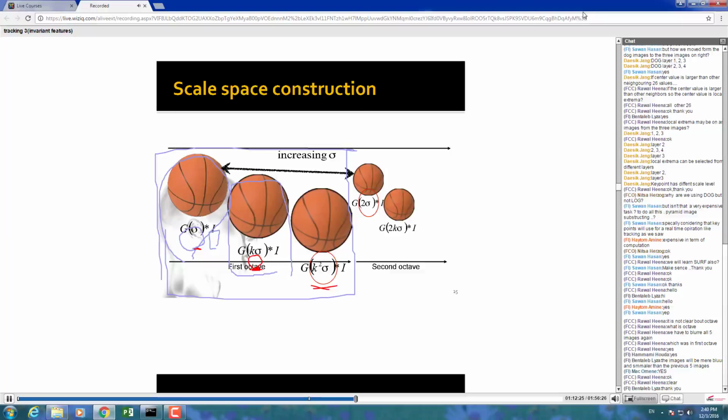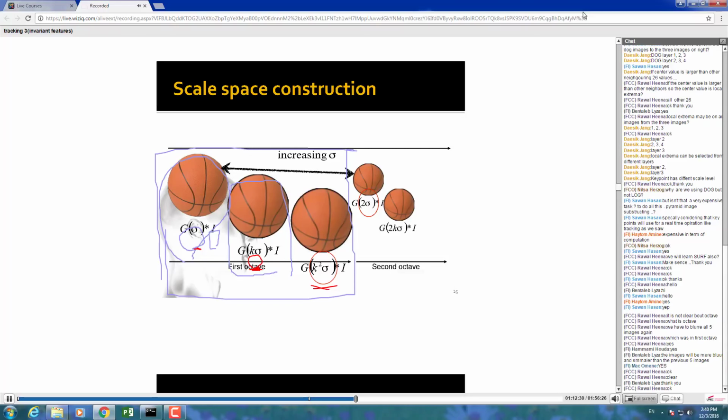If we have a fourth one, we multiply K once more, so it becomes K power 3 sigma. In this way the sigma term gets bigger and bigger, so the image gets more and more blurred. That is one octave.